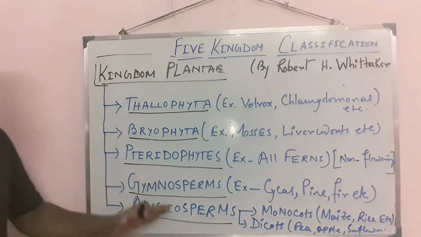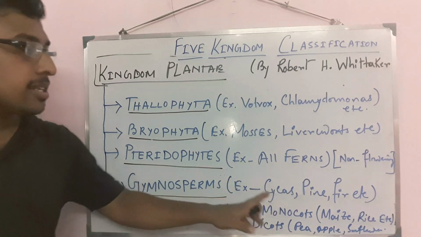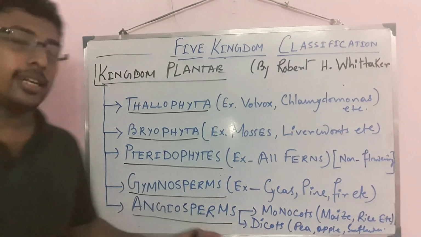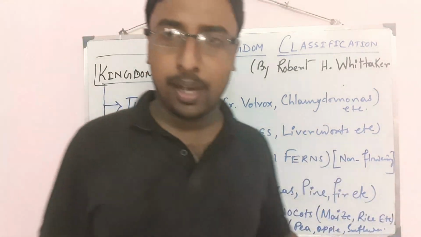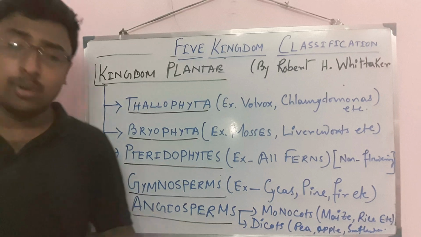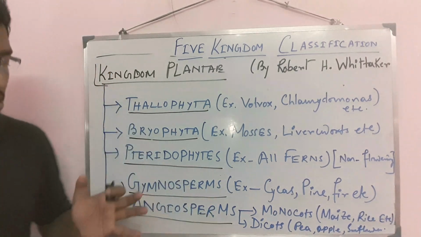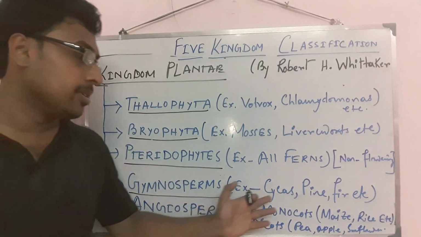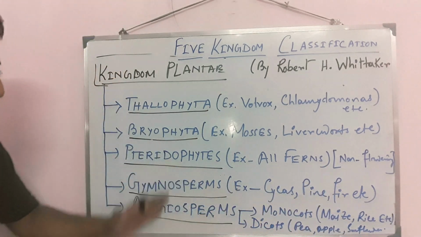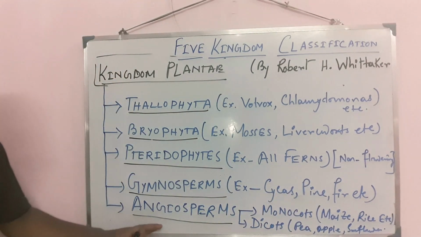This kind of structure is present in plants like cycas, pine, fir; these are under gymnosperms. So gymnosperms have naked seeds, and their seeds are not enclosed in fruits. These are the characteristic features of gymnosperms. Examples are cycas, pine, fir.